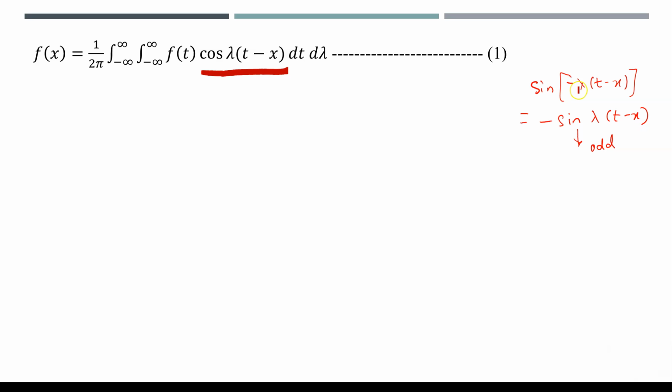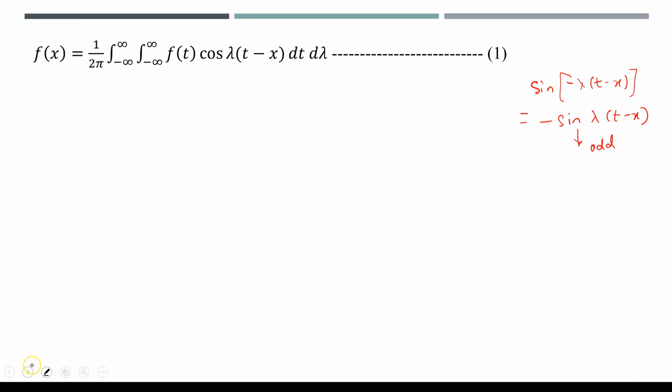That means if you replace lambda by minus lambda in sine lambda into t minus x, then sine minus lambda into t minus x gives minus sine lambda into t minus x, which is odd, because f of minus t equals minus of f of t. This is the definition of an odd function. So according to this, sine lambda into t minus x is an odd function.